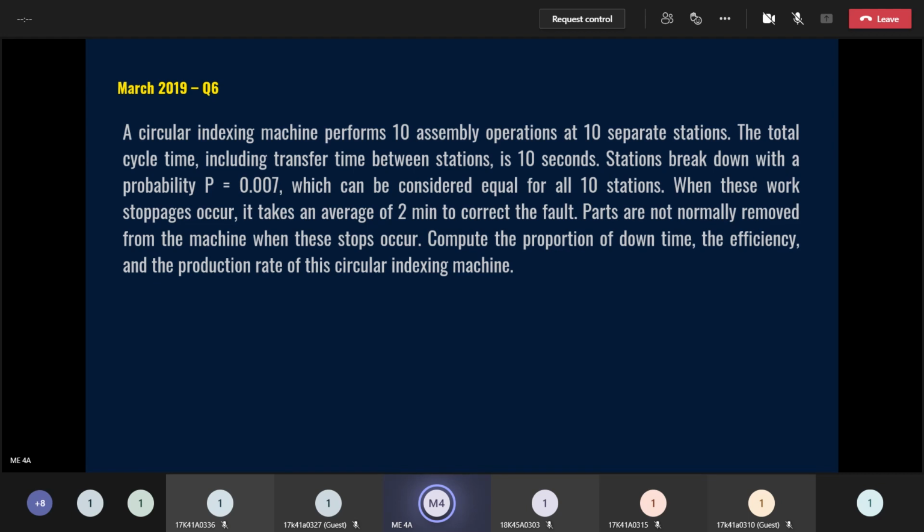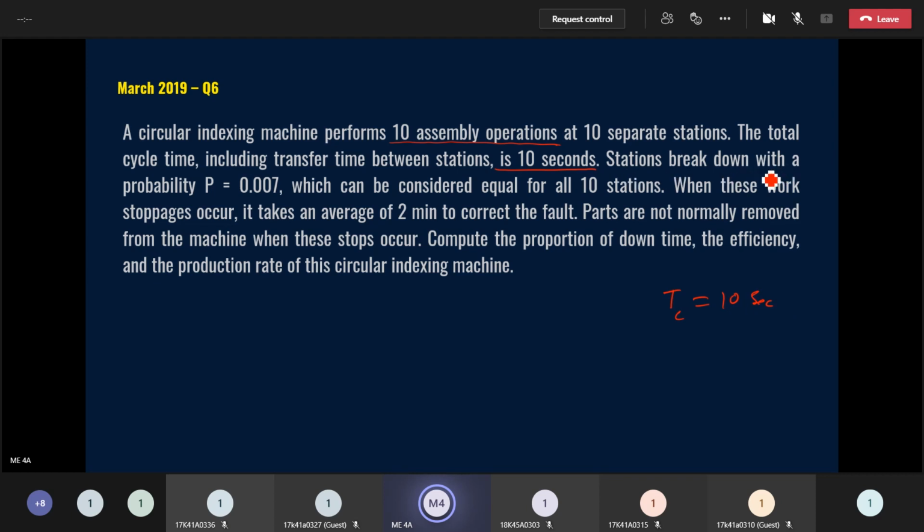Again, a full question. A circular indexing machine performs 10 assembly operations at 10 separate stations. The total cycle time, including transfer time between stations, is 10 seconds. Cycle time TC is given as 10 seconds here.